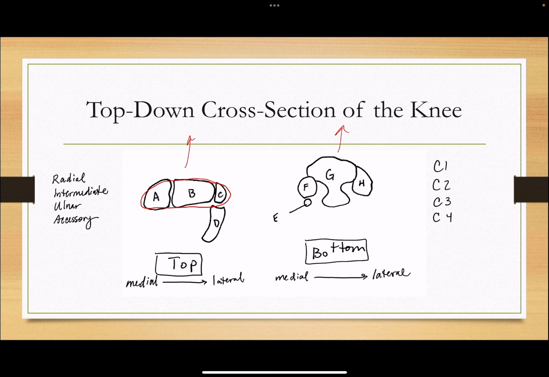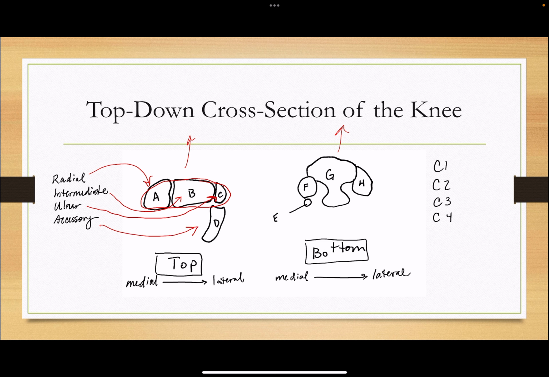So the radial carpal bone is the most medial, so that's A. And the ulnar carpal bone is going to be the most lateral of that main bearing surface, and so that's C. And then that intermediate one, super annoying, but that is the one in the middle, and that's letter B. And then hanging off the back, not really doing a lot in the order of bearing weight, is that extra miscellaneous bone, the accessory carpal bone, letter D. Cool. So that's the top layer.